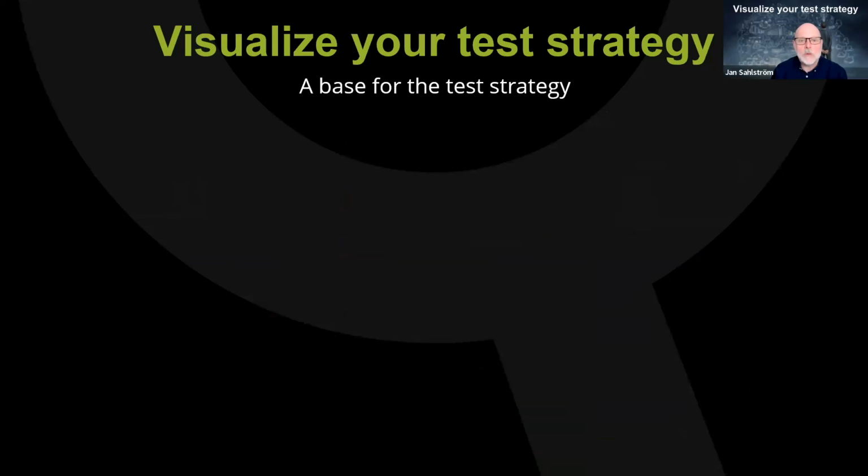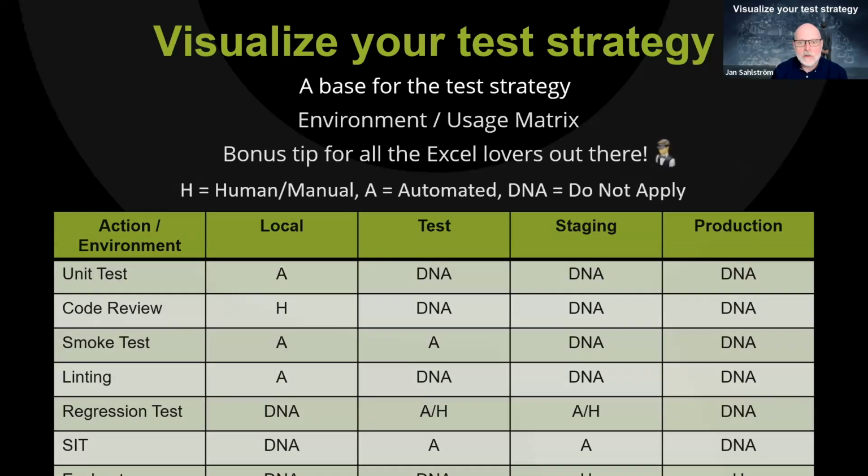So for anyone who is a fan of Excel or grids or matrices, there is also the possibility, of course, to do these visualizations without using the funny little guys and computers and whatnot. You can make this grid where you have the action or activity and what different environment you want to do this in.